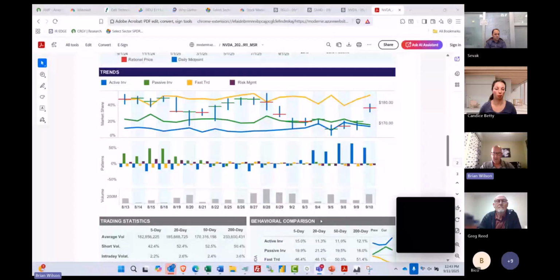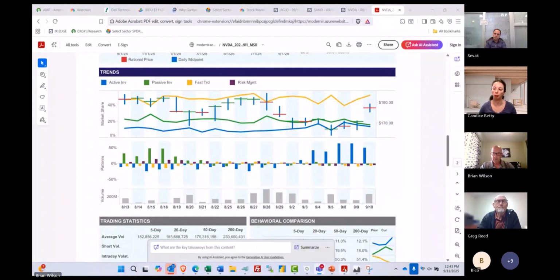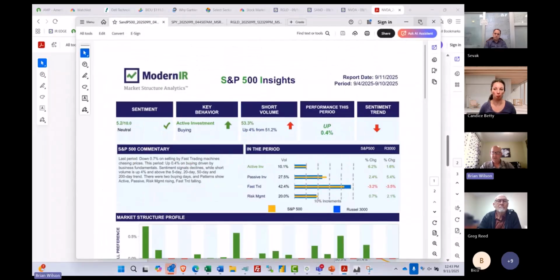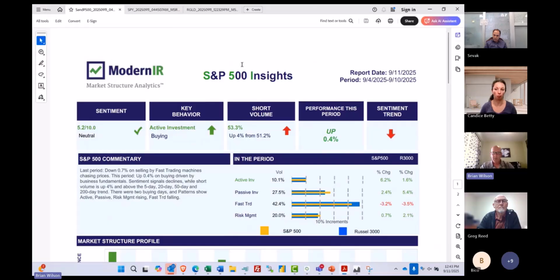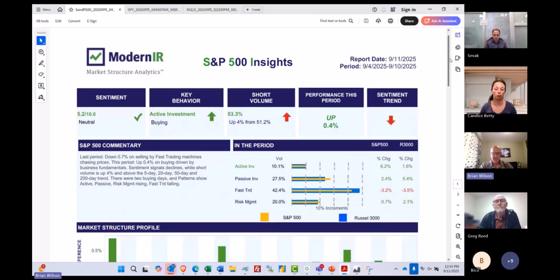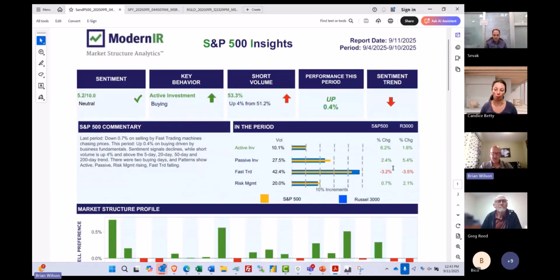Let me switch over. I'll take you back to a Modern IR report. It's from a broad market perspective. And I mentioned this actually this morning. So, Modern IR report, looking at the S&P 500, what are some of the recent trends there? Well, you can see right away that we have an uptick in terms of what investors are doing, both for the S&P 500 and for the Russell 3000, slanted a little bit more on the passive investment side for the Russell.